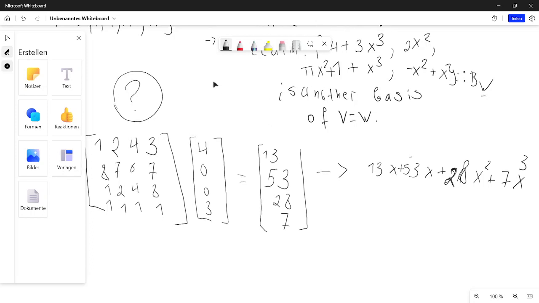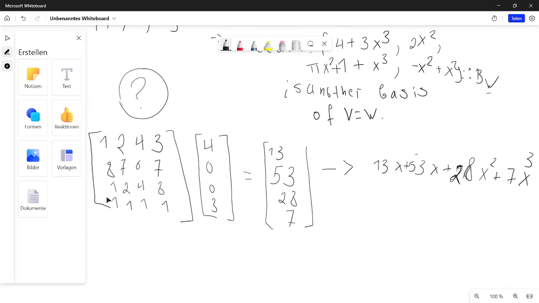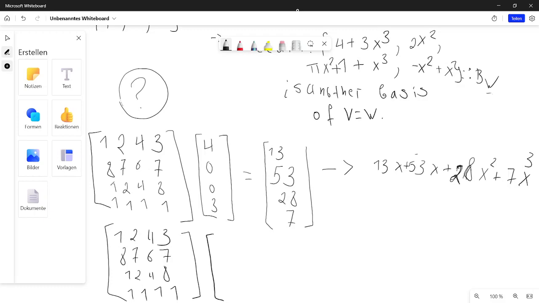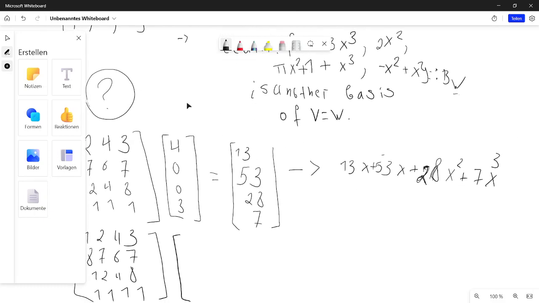Next, we take this matrix and multiply it by the next one: 1, 2, 4, 3, 8, 7, 6, 7, 1, 2, 4, 8, 1, 1, 1, 1 is now multiplied by 2x squared.